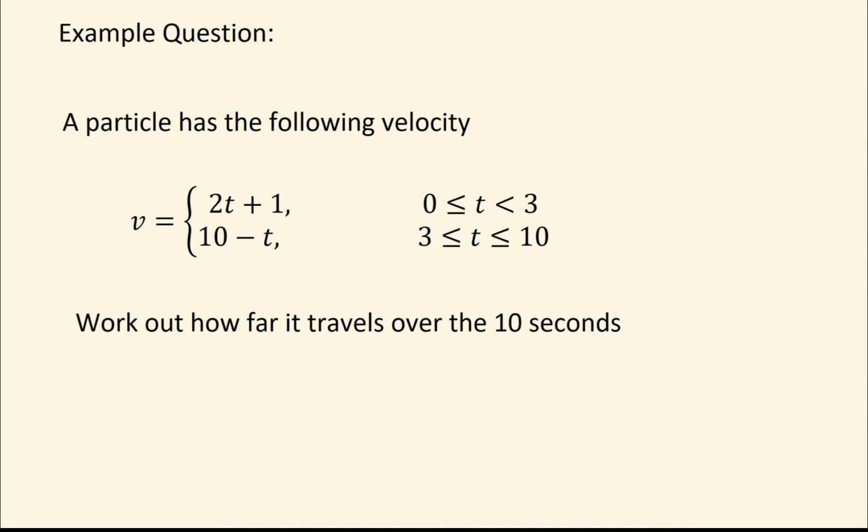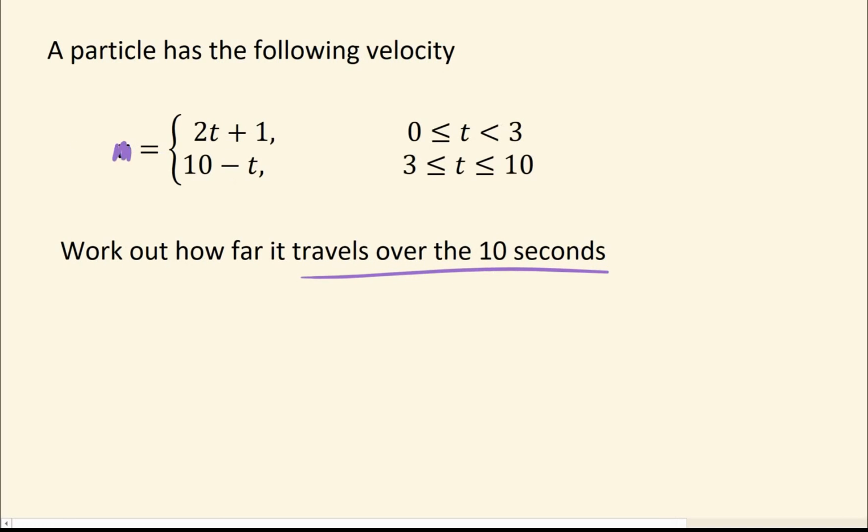Okay, we're going to work out how far it travels over the 10 seconds. For this example, you could actually use SUVAT because acceleration is constant, but that's not always true. So I'm going to use the more complete method and work it out by integrating. Again, we know velocity is the same as dx by dt.